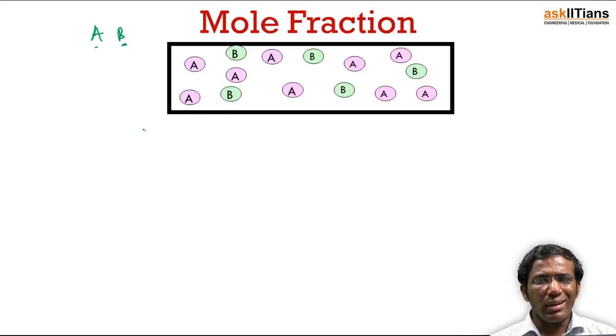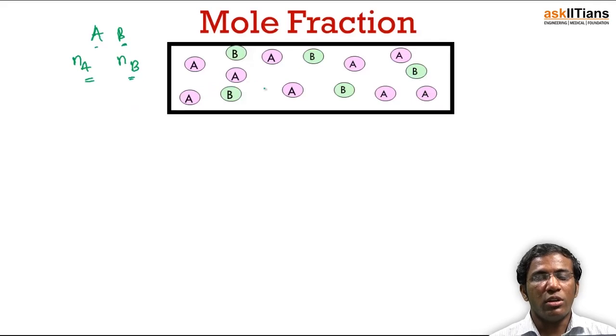I want to calculate its mole fraction. So how can I define the mole fraction of a particular component? Suppose this solution has number of moles of A as Na and number of moles of component B as Nb.